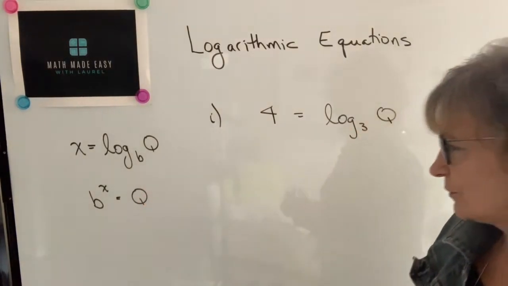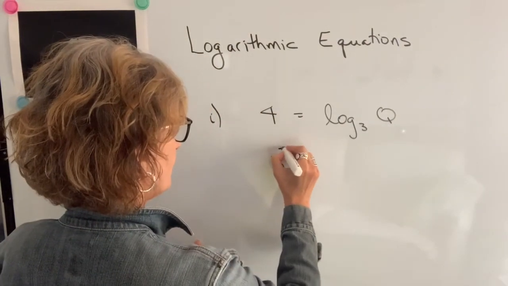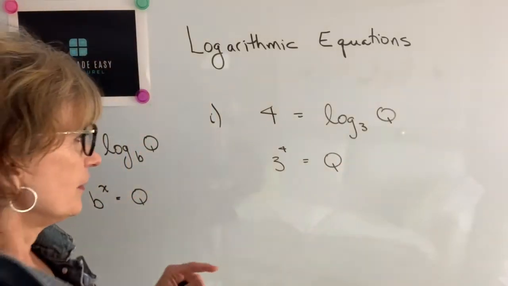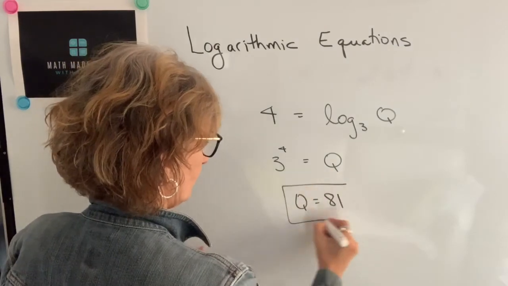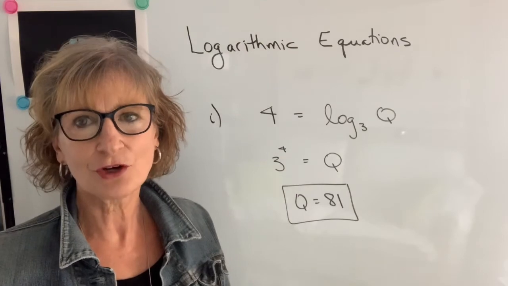So that's what I'm going to do here. My base is 3, my exponent is 4, and that's what q is equal to. Now we just find 3 to the 4th, and we're done. So that's the simplest type of log equation you can solve.